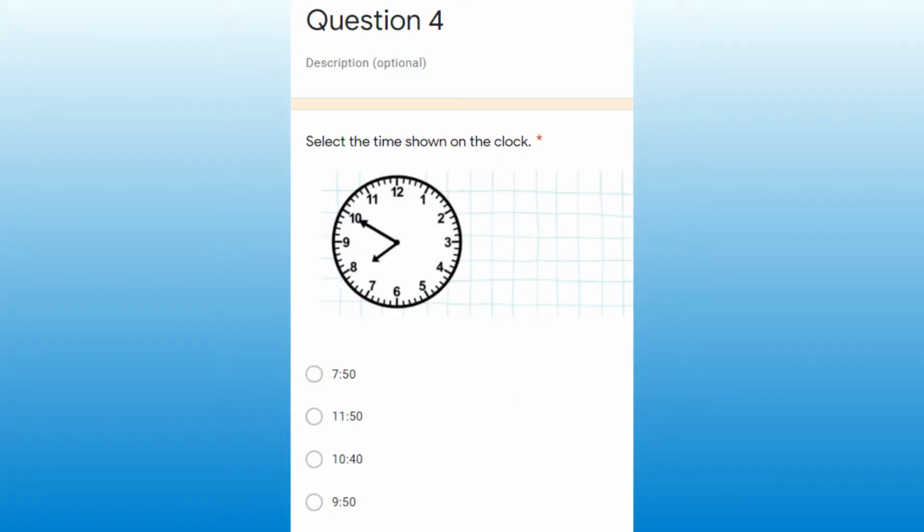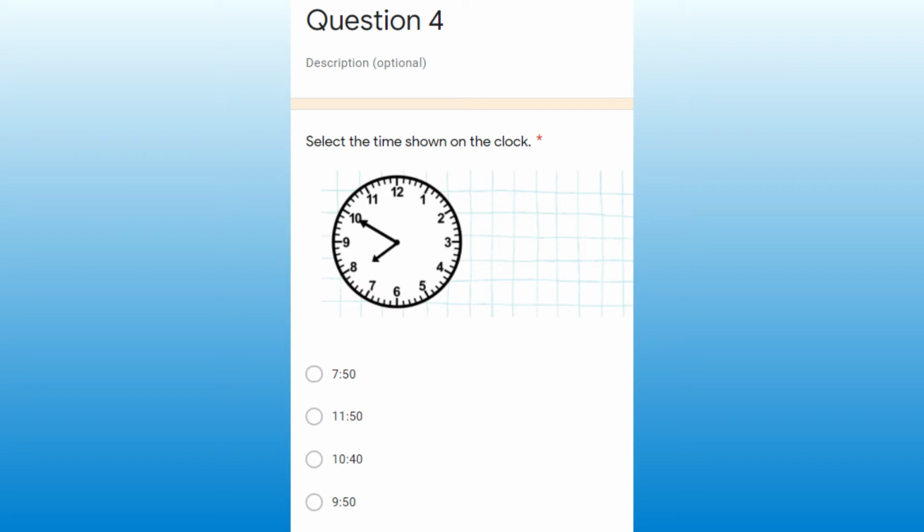Let's move on. Take a look at question number 4. In question number 4, it is time for us to know about time. We've got to read this clock face. This is something that you may have learned in the past, or maybe it just never stuck, but as a reminder, as you're looking at a clock face, there are 2 different sized arrows. The smaller arrow points to the hour, and it moves slower around the clock.